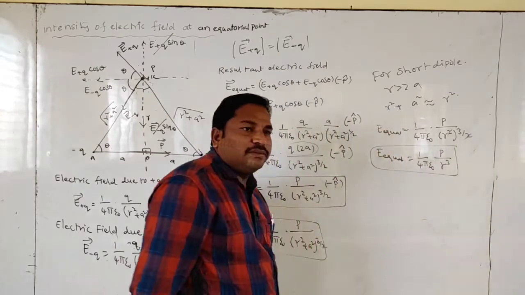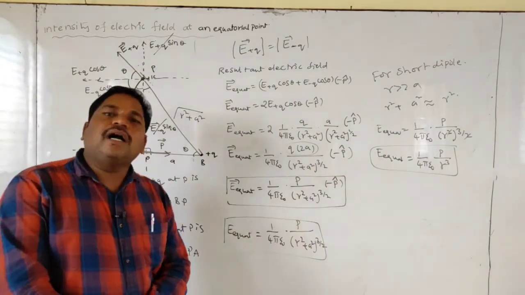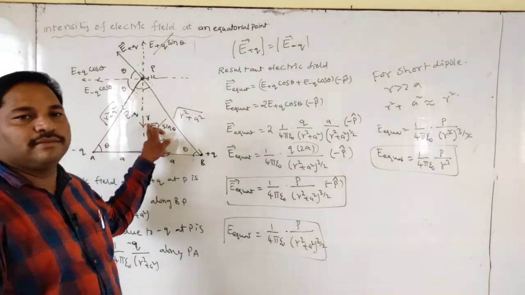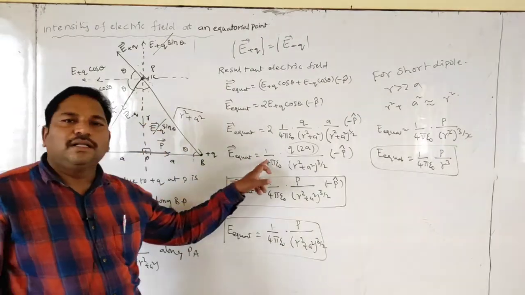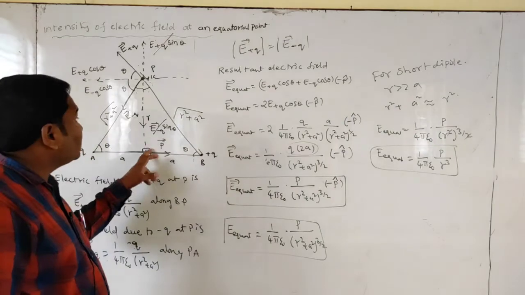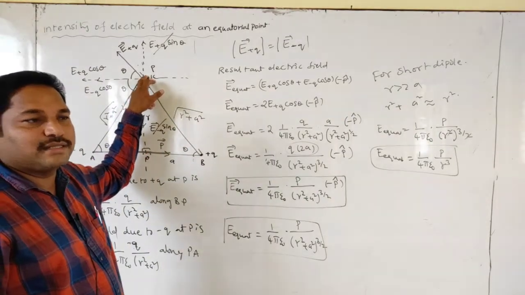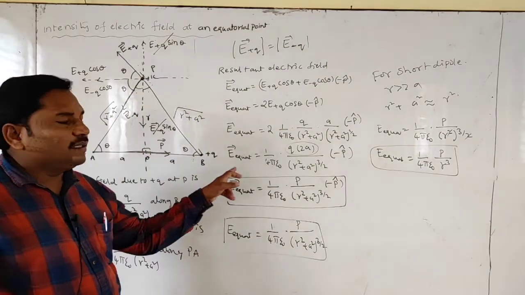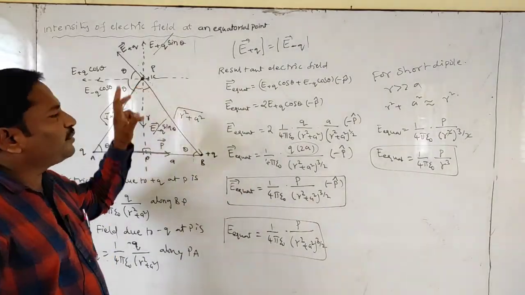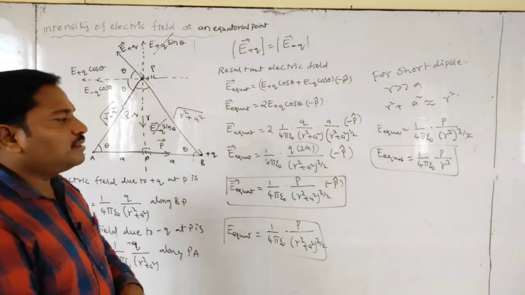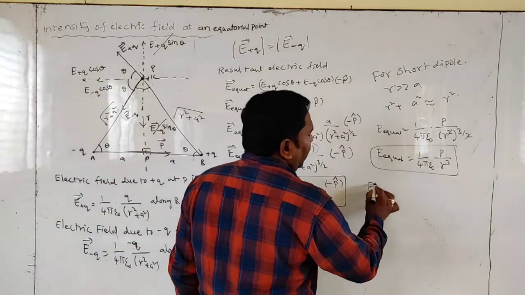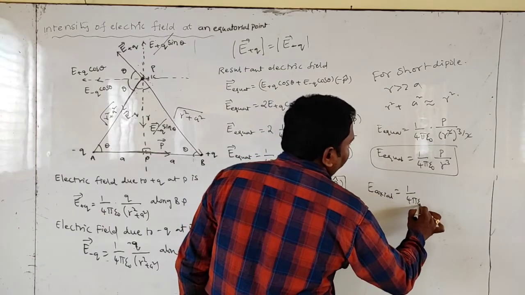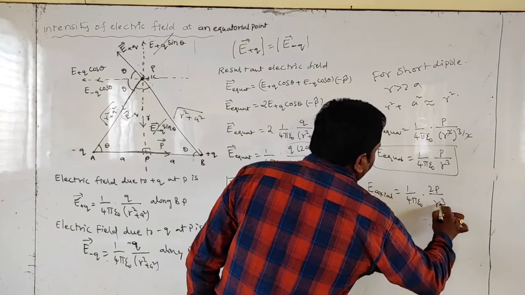So now we have got the expressions for the electric field at the same distance from the center. One is on the axial line and another is on the equatorial line. Both are at the same distance. So which has more electric field? The axial line has more electric field than the equatorial line. How many times? Actually E axial equals 1 by 4 pi epsilon naught 2P by R cube.